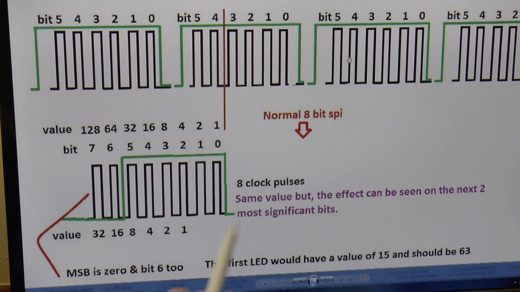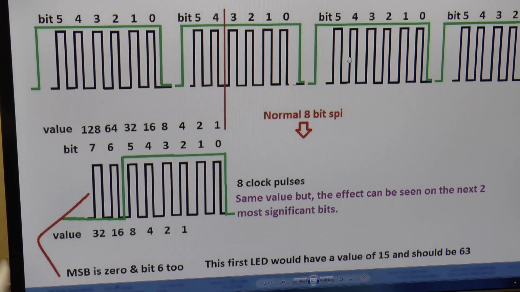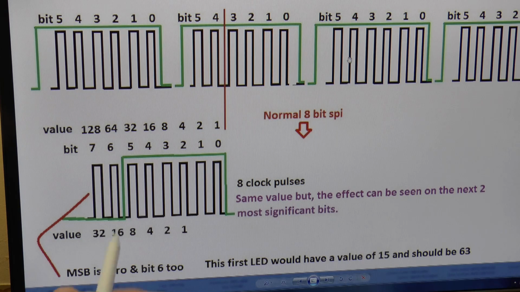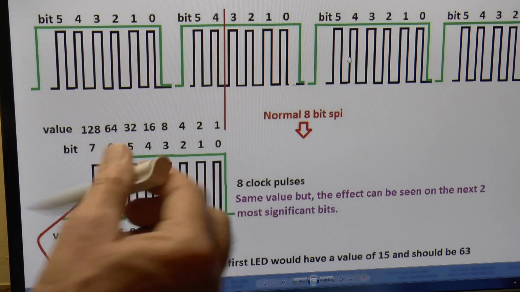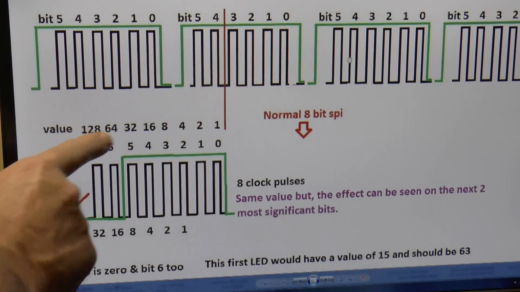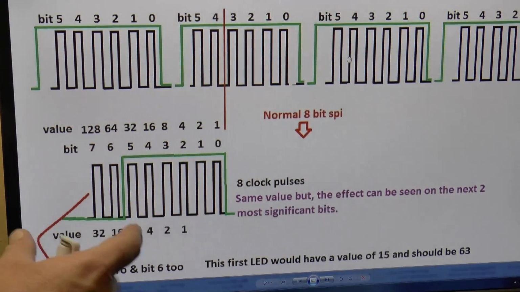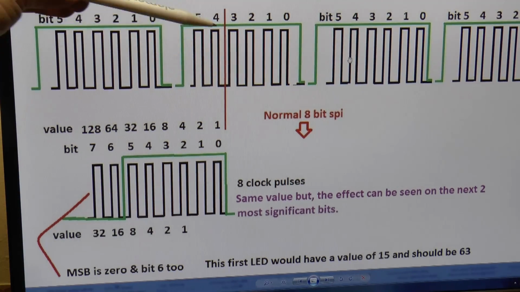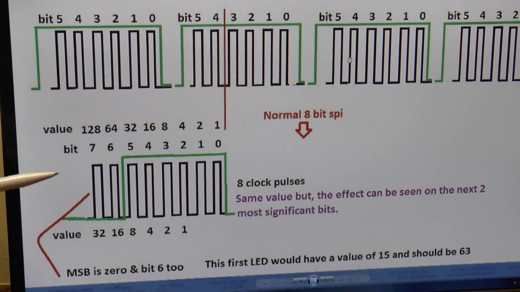So if I show you, for example, using Microelectronica's software, which is 8-bit SPI and you can't change it, if I run in 8 clock pulses, but just select the last 5, because of these 2 clock pulses here, I don't want to select these bits, I just want all of these. I run them in, it's interfering with the next 2 most significant bits.